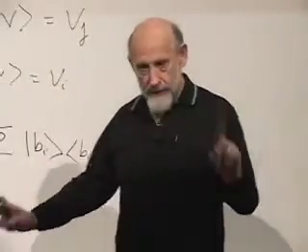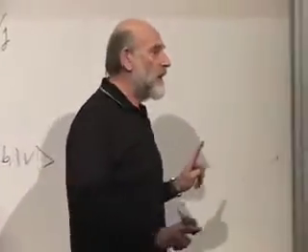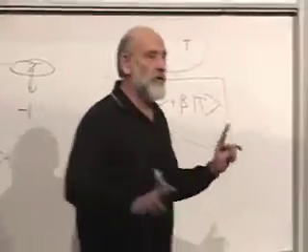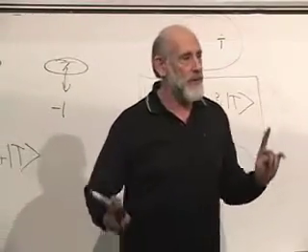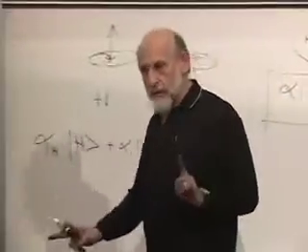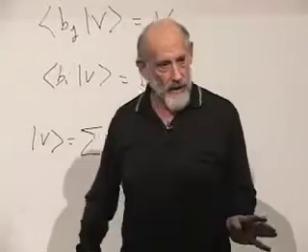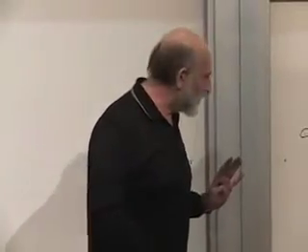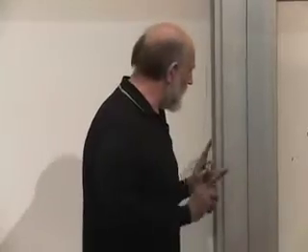So orthogonal vectors correspond to configurations for which there is a clean, simple experiment that can tell you whether it's one or the other. That's the meaning of orthogonality. Distinguishable in the sense that there's an experiment that can distinguish them. Yeah? Good. That's number 1.